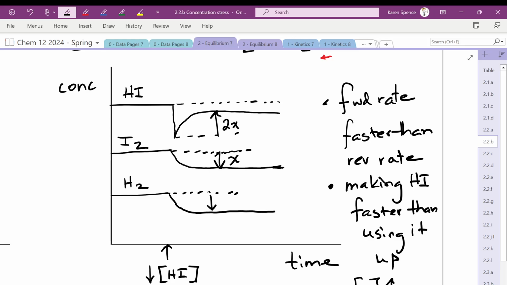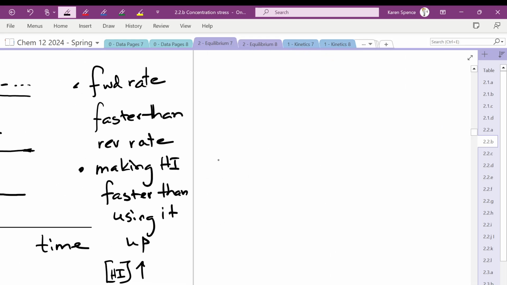Okay, and your homework is going to be to read Hebden. Because we didn't finish this today, but we're going to be talking about Le Chatelier's principle. So pages 50 to 54.